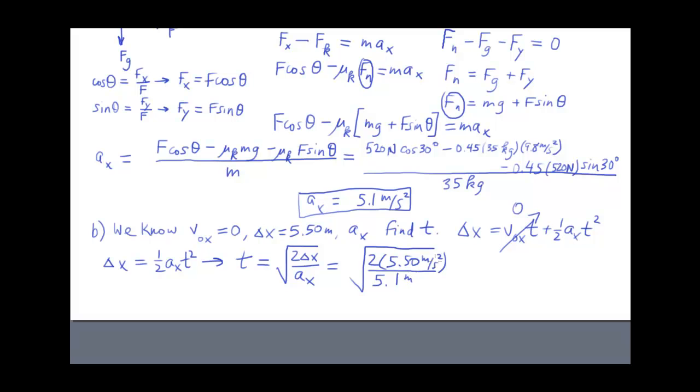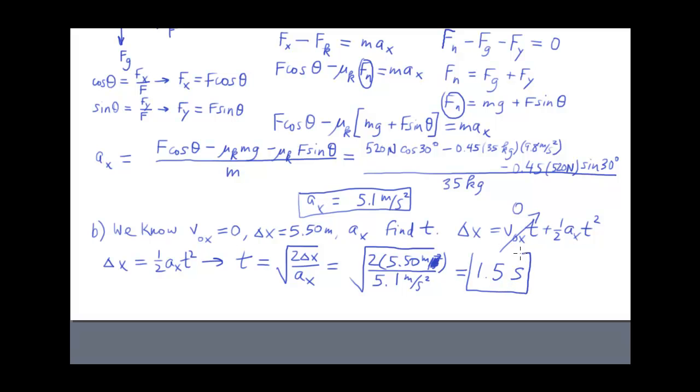Oh, sorry, in the numerator, that shouldn't be meters per second squared. That should just be meters because it was delta x. So I'll scratch that out and make it meters. The denominator really has the acceleration, so it is meters per second squared. And that means underneath the square root we have meters over meters per second squared, which means we get seconds squared. The square root of seconds squared is just seconds. And sure enough, the answer then has the right units, and the numerical value is 1.5 seconds.